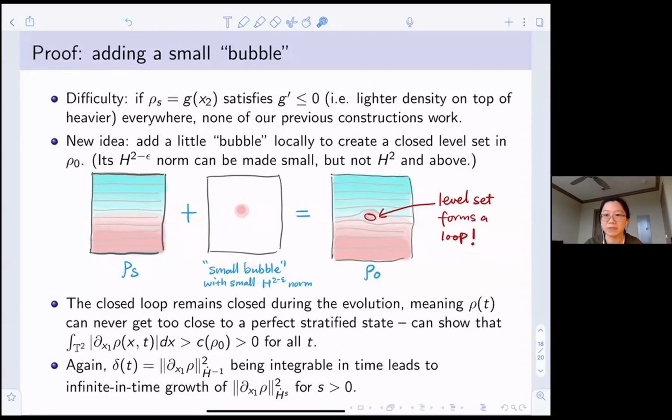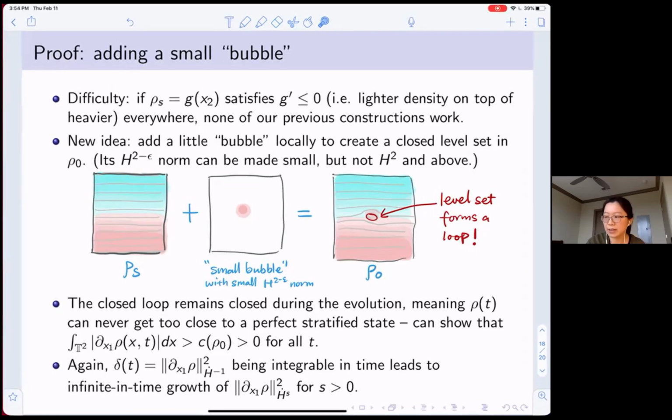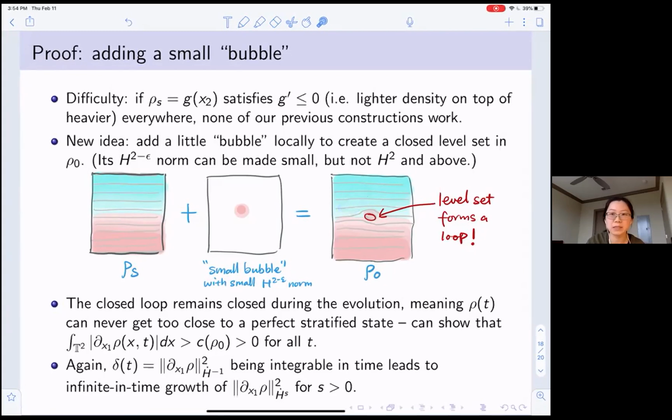Yeah, so we have no idea. But what we do know is that as long as the level set is no longer of this stratified structure, as long as the level set has a closed loop somewhere, then it will lead to this infinite in time nonlinear instability for sure.